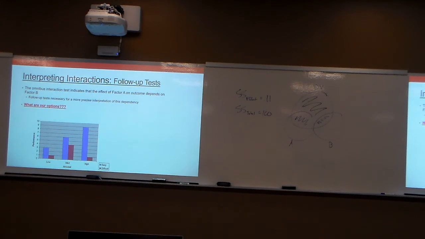What's our other option for comparisons? Planned contrast. We could, but just conceptually, what other comparisons could we do? So we could just look at differences in arousal level at easy and difficult tasks. What else could we do?